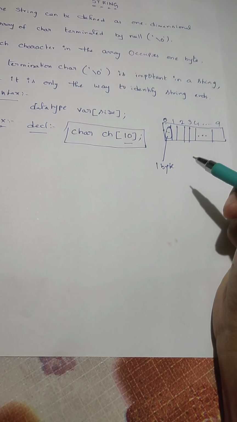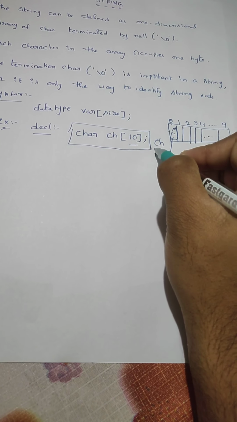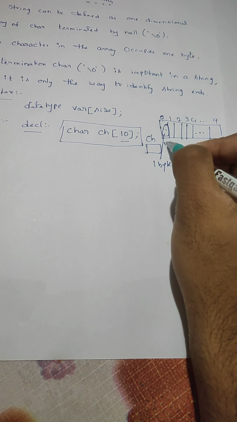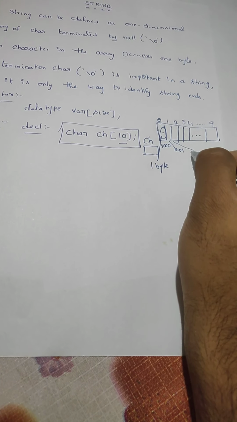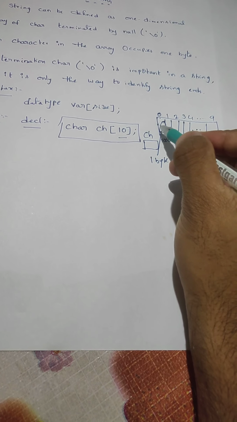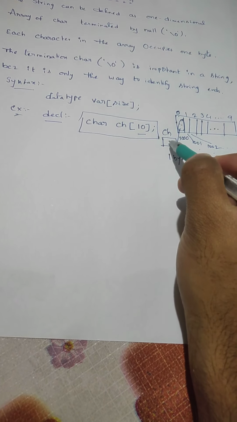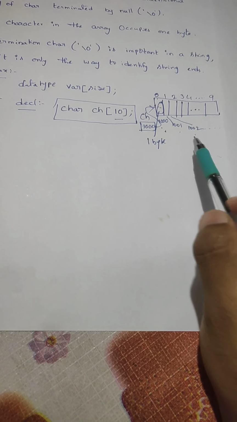The array variable name ch stores the base address of the 0th index. For example, the starting address is 1000, the next address is 1001, then 1002, because each block is 1 byte. So this character array variable holds the base address 1000, pointing to the 0th index.